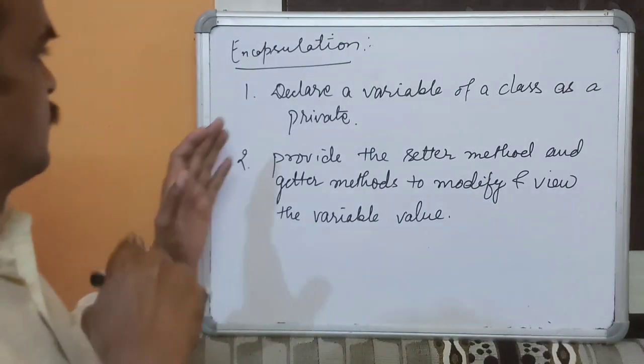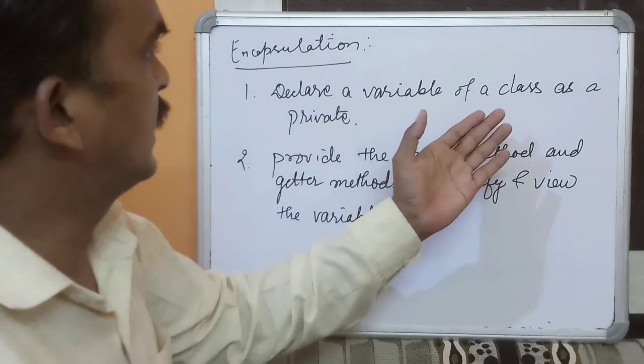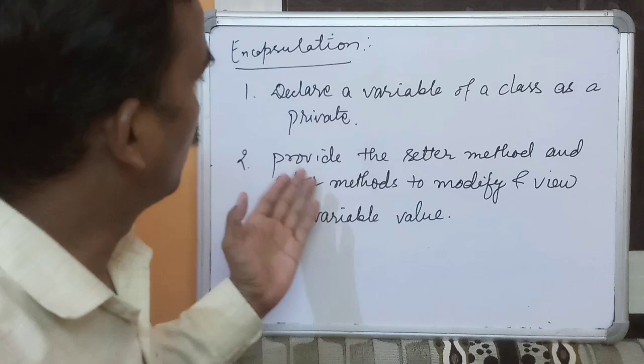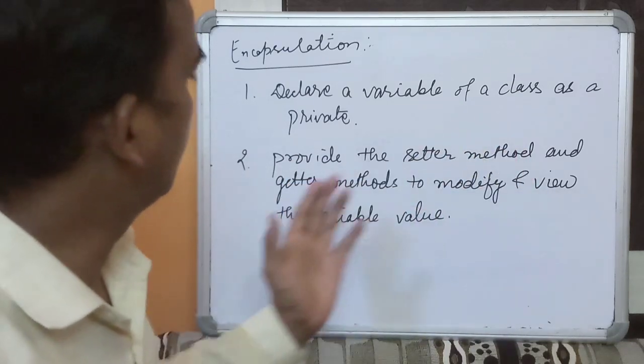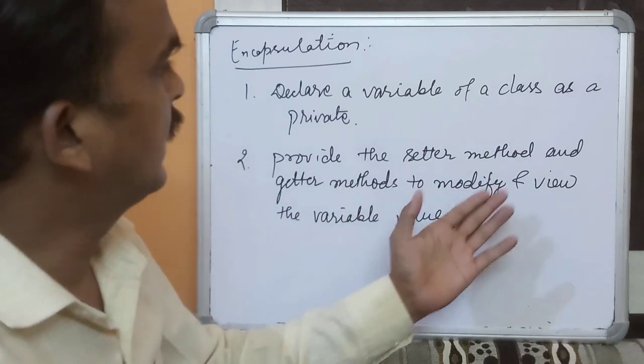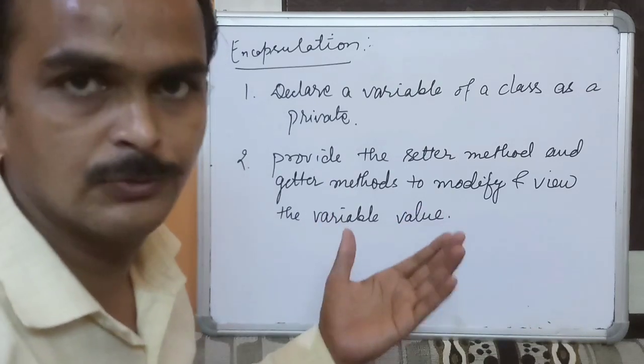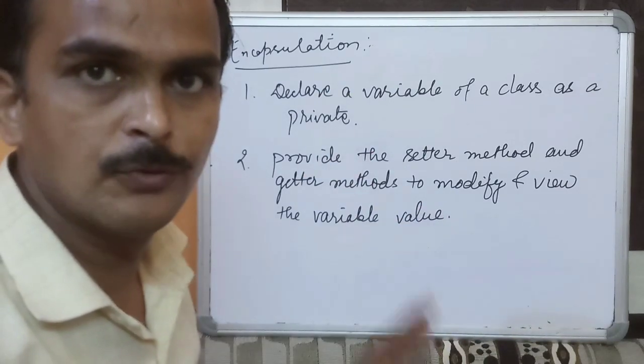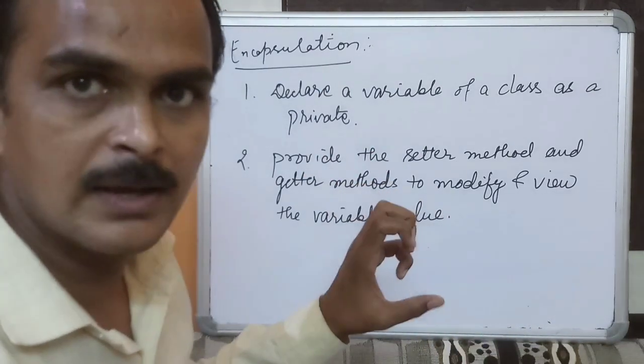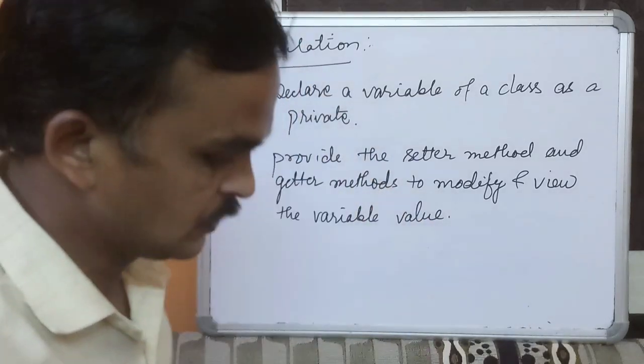So first was to declare a variable of a class as private. Second, provide the setter method and getter methods to modify and view the variable values. These two conditions must be fulfilled to make code an encapsulation.